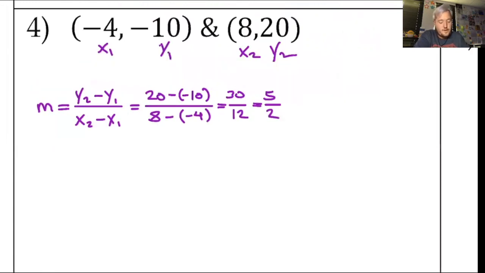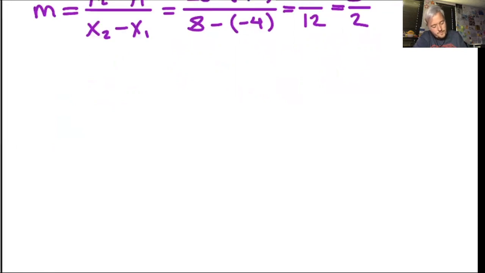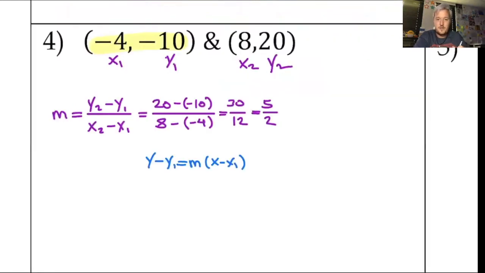All right, so for my point, I'm going to use negative 4, negative 10, just because the numbers are smaller. I'd rather deal with negatives than deal with bigger numbers. But that's just me personally. So y minus y1 equals m times x minus x1. So minus the negatives turn into plus a positive.